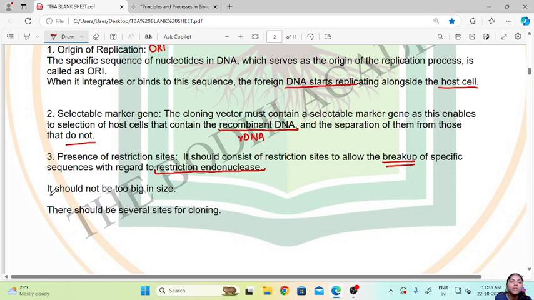Then the vector DNA should not be too big in size. There should also be several sites for cloning. So multiple cloning sites should be there in the vector DNA.